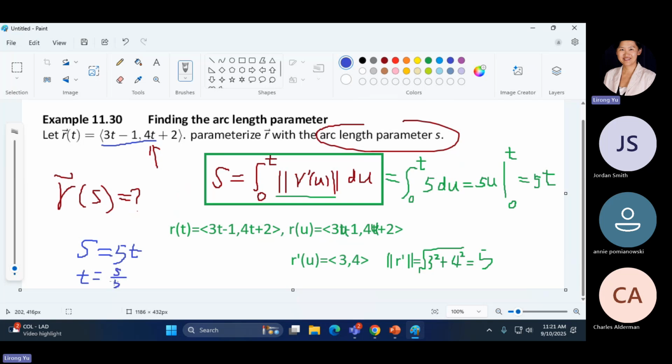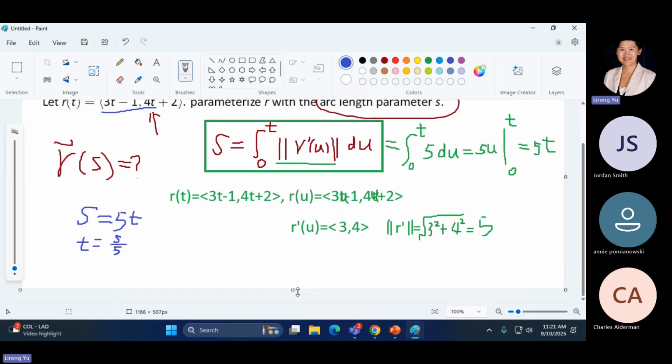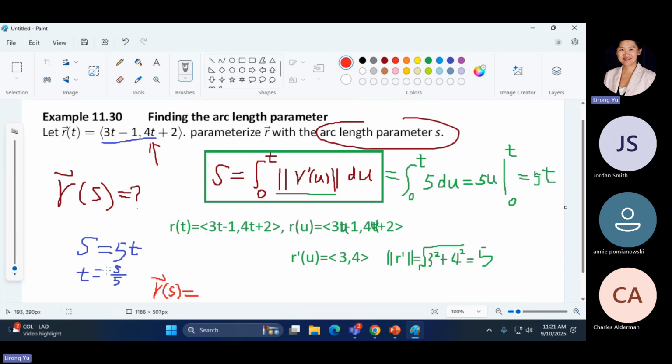S divided by 5. And then we bring that back to the original formula. So the original formula, r(t), is going to be how we determine r(s). r(s) is equal to, you substitute, basically it's the same function, but the t is supposed to equal s over 5.